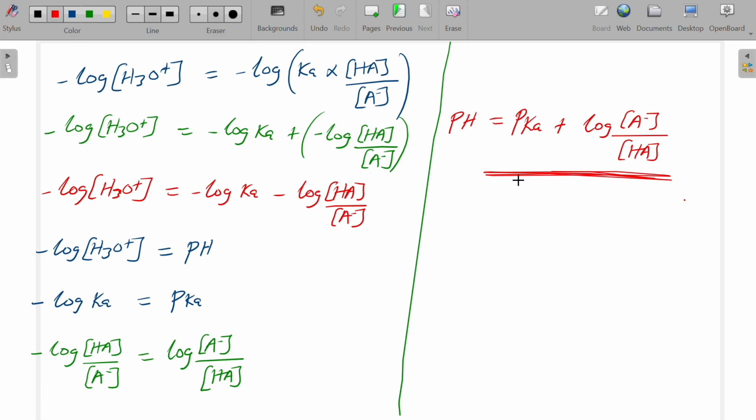So this is the formula we're basically deriving, and this is the Henderson-Hasselbalch equation for a weak acid.